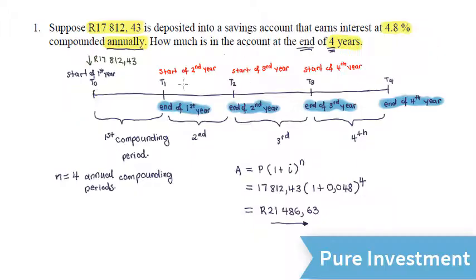If you remember, we started off with somebody who had 17,812 Rand and 43 cents, and this person just threw this money into a savings account, and it earned interest over 4 compounding periods. At the end of those 4 years, he was able to generate 21,486.